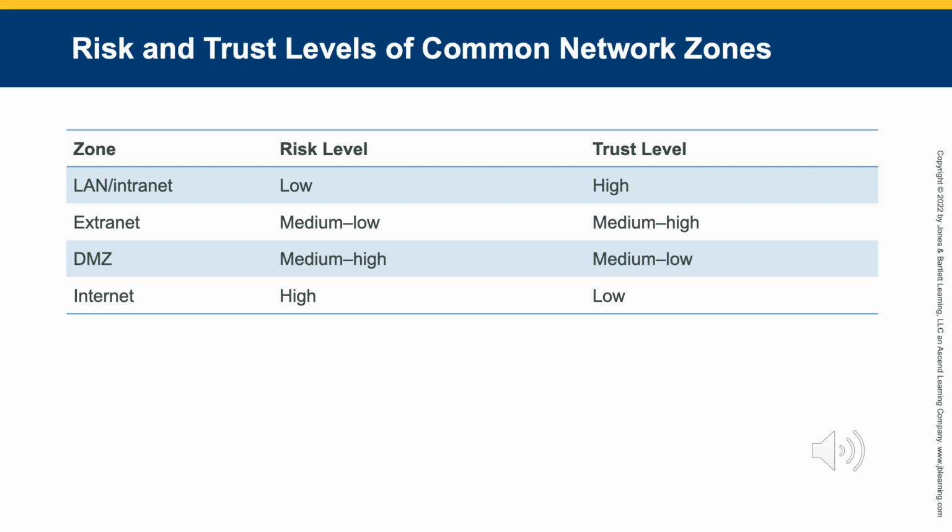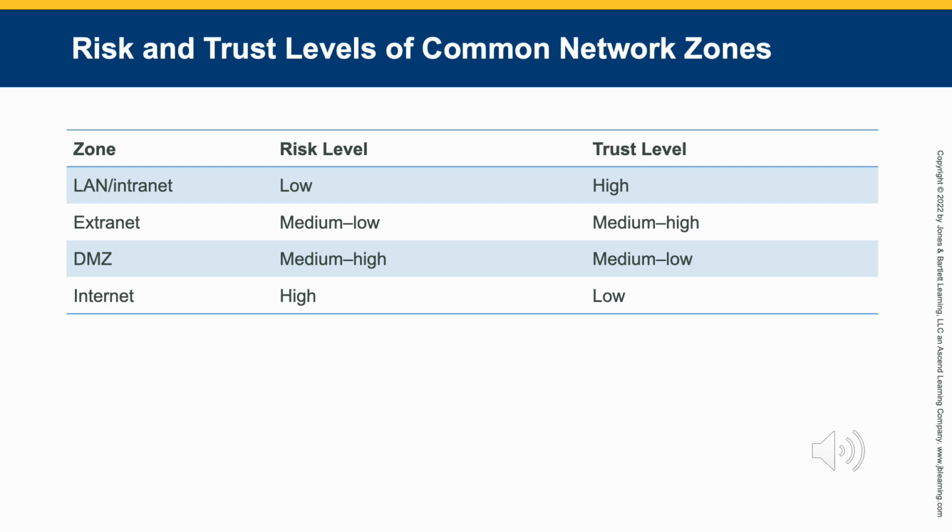Risk and trust levels of common network zones. We have the local area network, or intranet, the corporate network. The risk level is low and the trust level is high, meaning we trust the inside of our network, and it's a low level risk. Extranet, which is a network outside of our local area network, is a medium to low risk with a medium to high trust level.